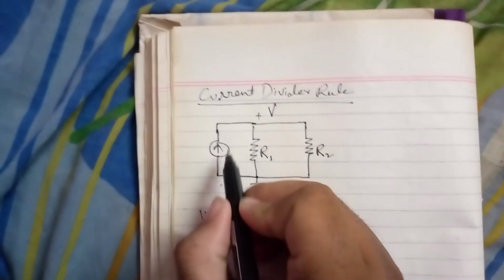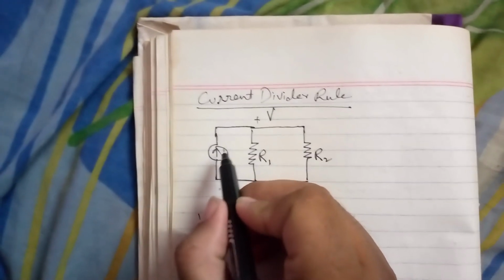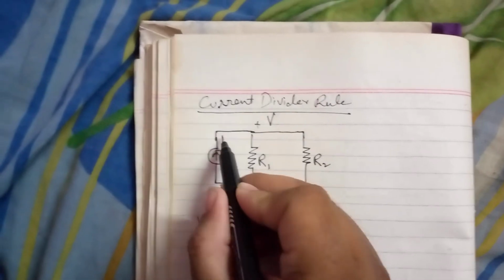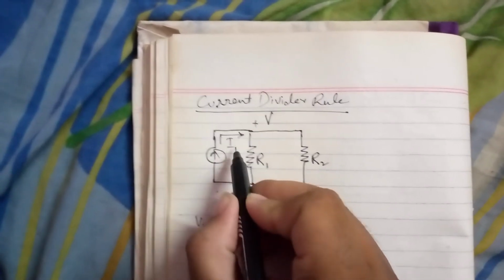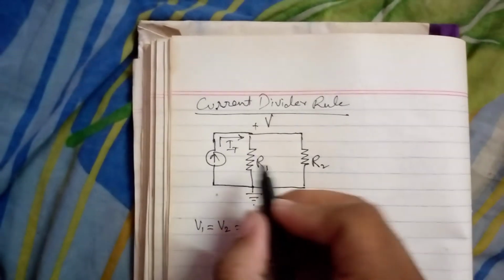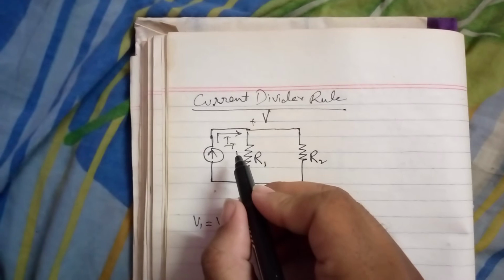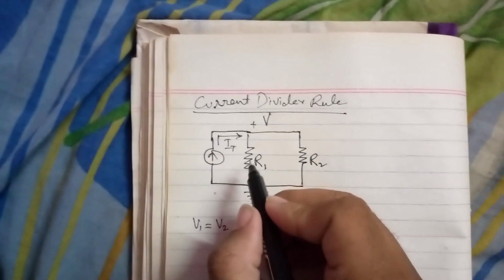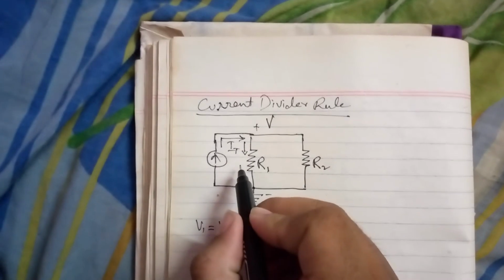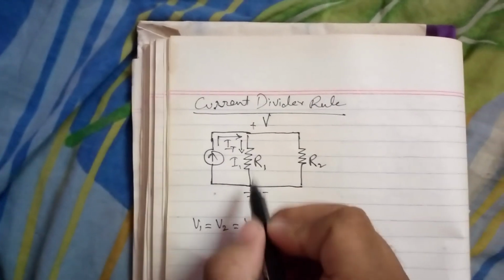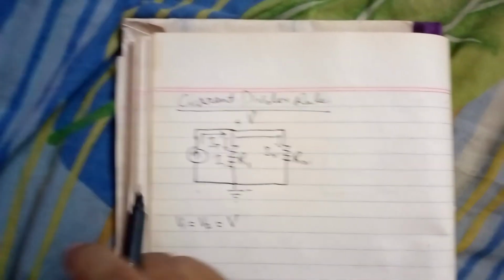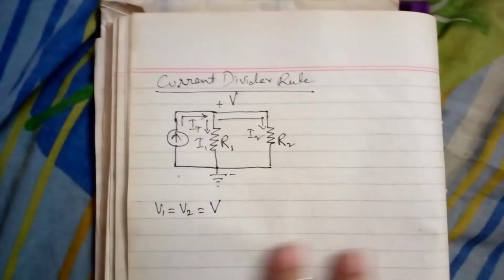If I say the current which is flowing from this independent current source is IT, means total current, this total current is actually divided among two currents. The first one is I1, which is flowing through R1, and the second current is I2, which is flowing through R2.